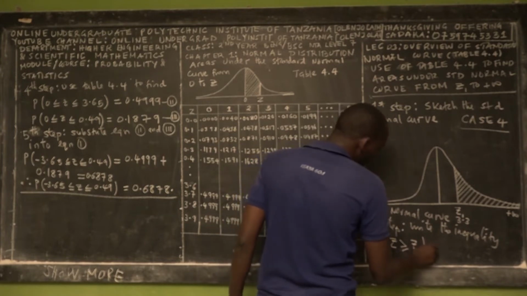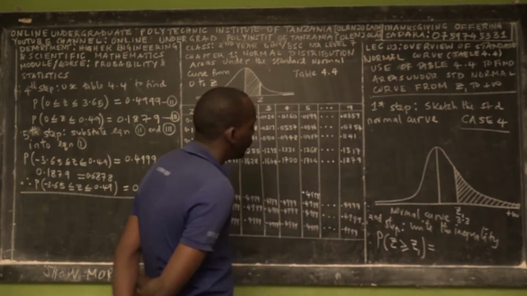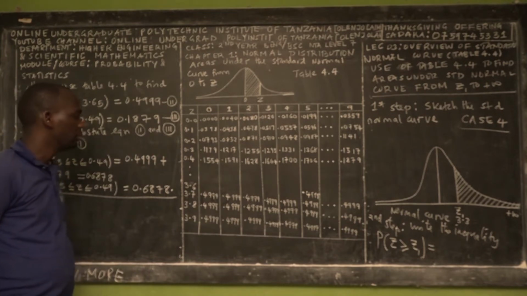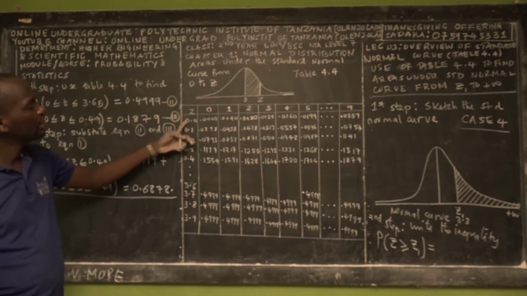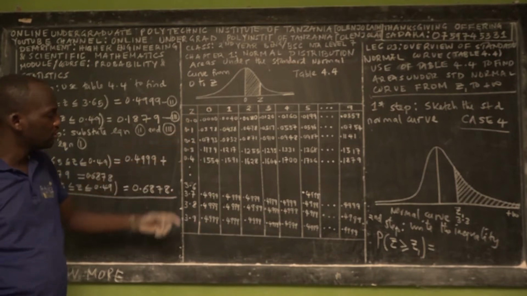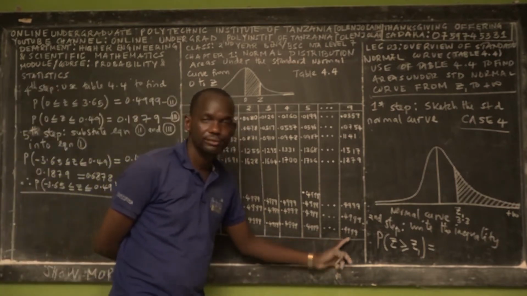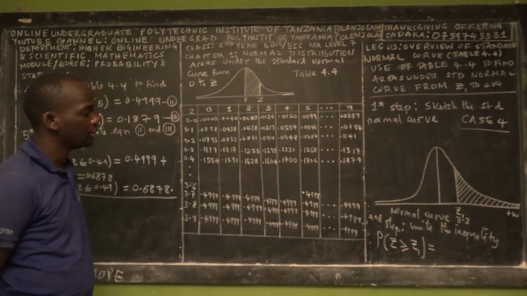So how do we find this probability? Table 4.4 just gives us the probability from Z equal to 0.00 to Z equal to 3.99.